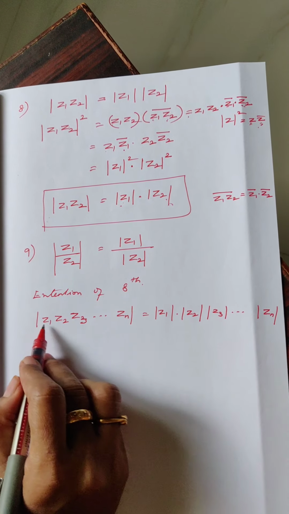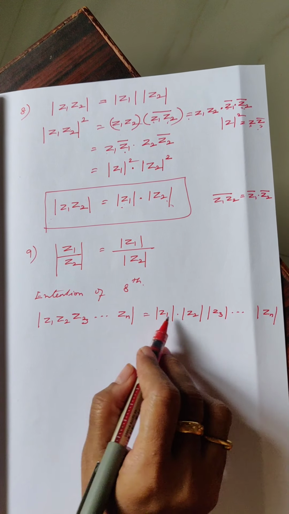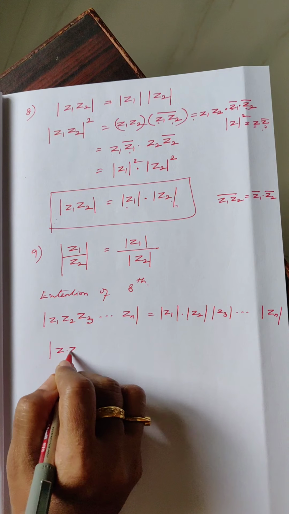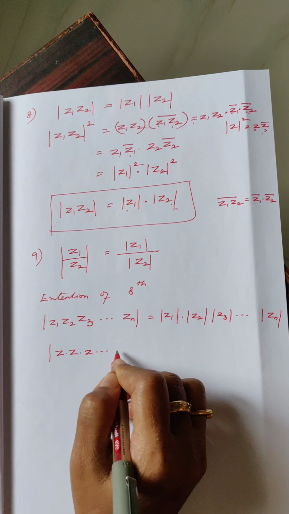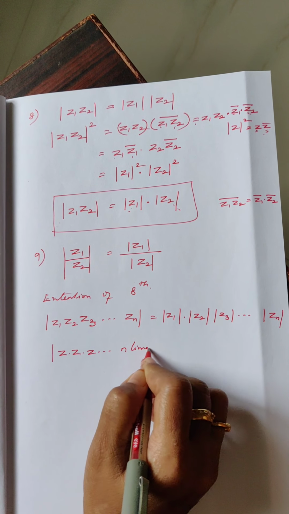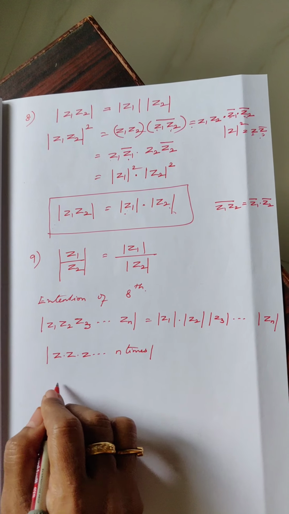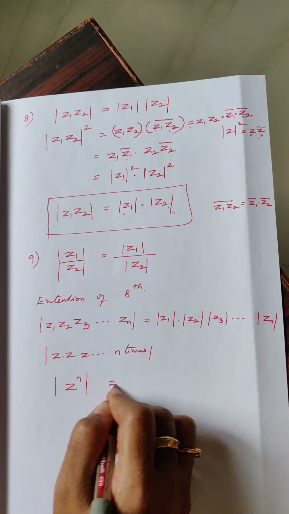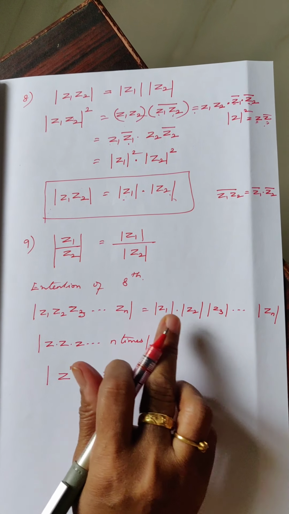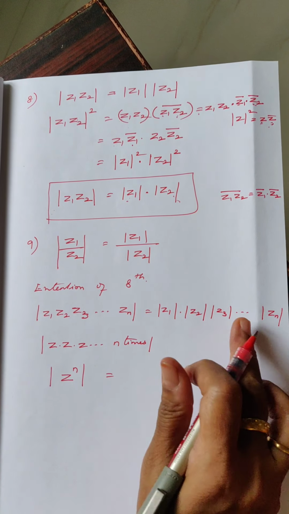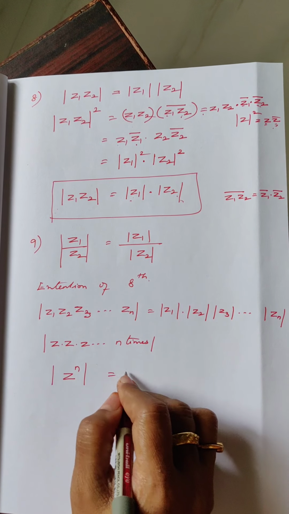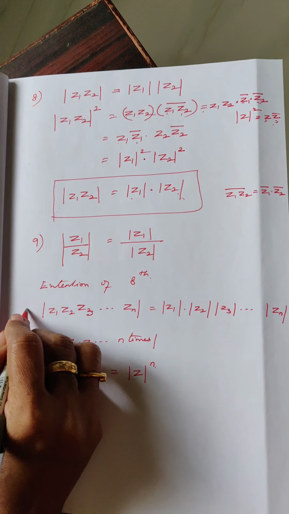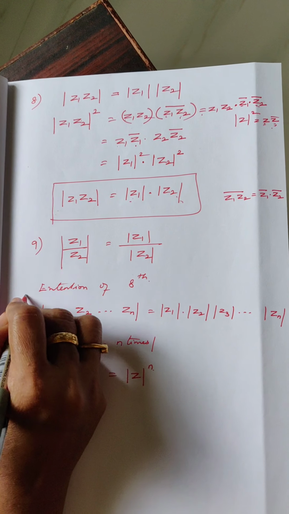Here all the z1, z2, z3 are different, we are multiplying. Suppose all these are equal, modulus of z into z into z etc. n times. I can write this as modulus of z power n, equal to modulus of z into modulus of z into modulus of z etc. n times. So you get modulus of z power n equals modulus of z whole power n. Okay, this is the eighth result, first extension.